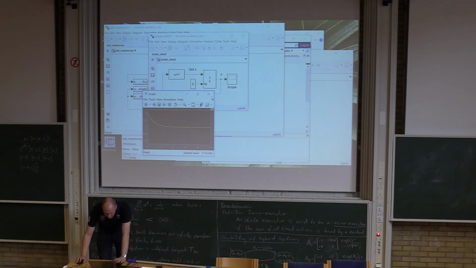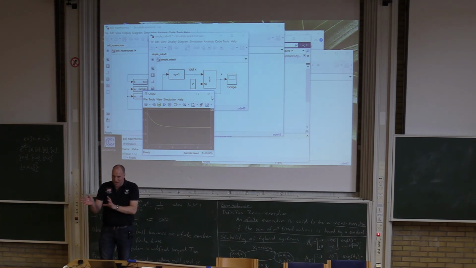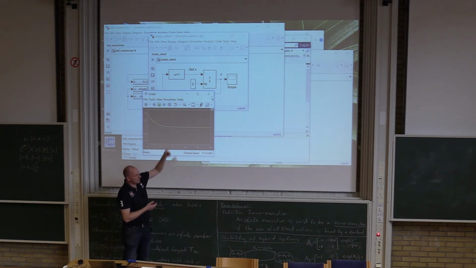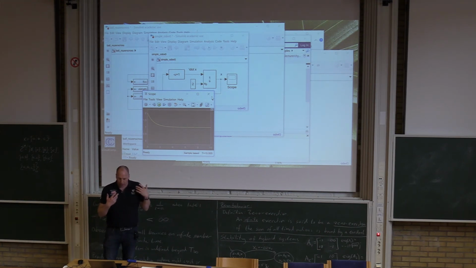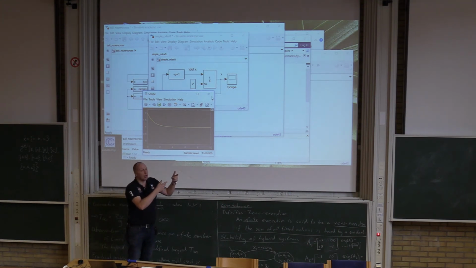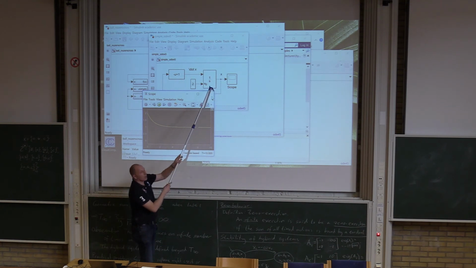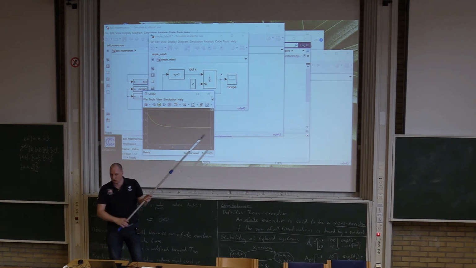Okay, so now we wanted to build hybrid systems, so we need to set the initial state. We have the reset map for which we will use this, and we had the transition conditions. So we can add a third input here that will reset this integral block when some condition occurs.